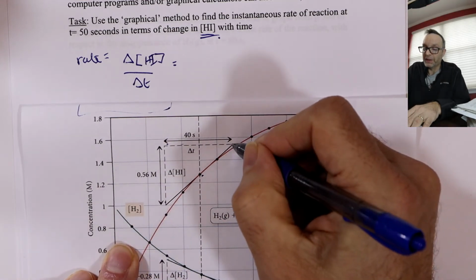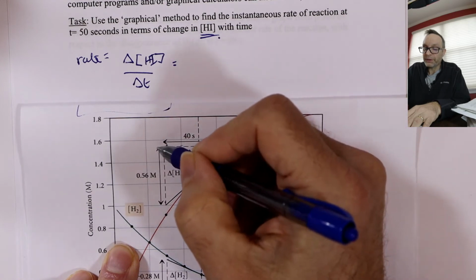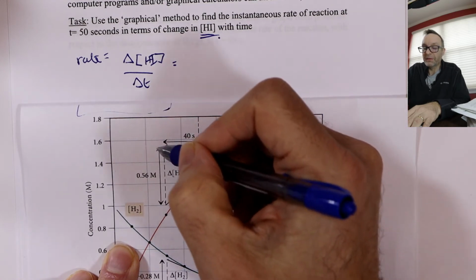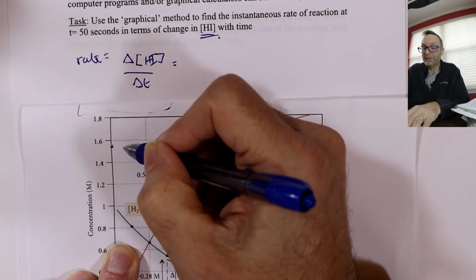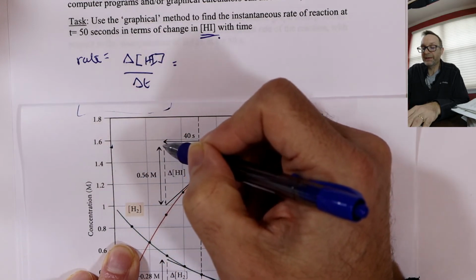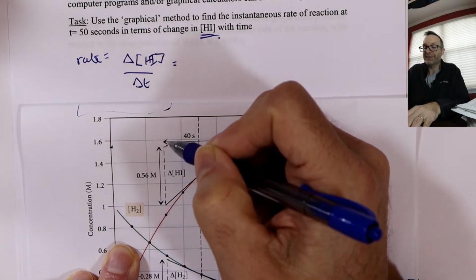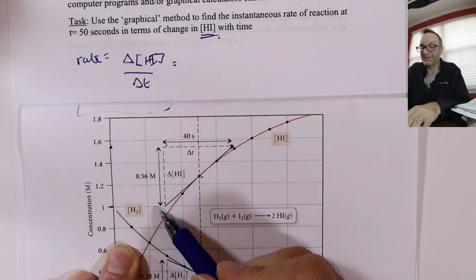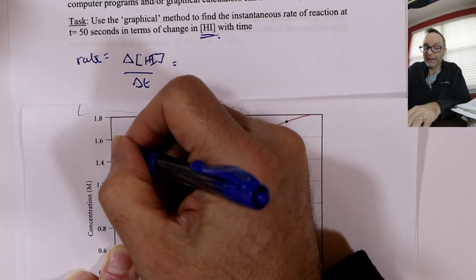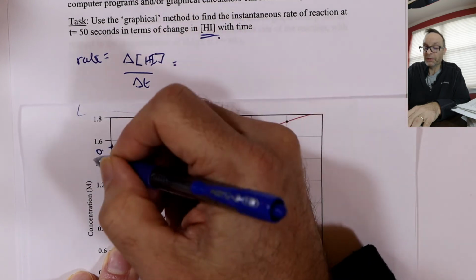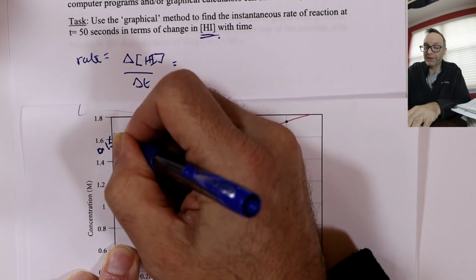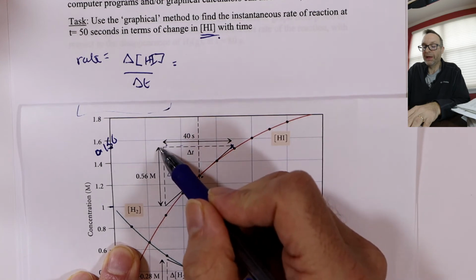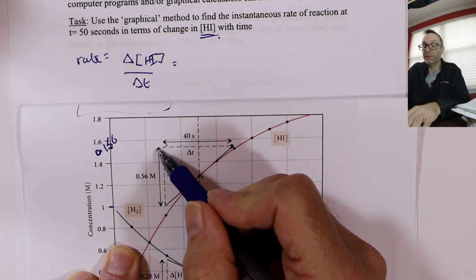So this point right here, the concentration at the end, that's 1.5 something, minus initial. Actually, we can easily do it because it's nice and 1. That is actually where that hits 1.56, because it goes from 1 up 0.56 to 1.56.